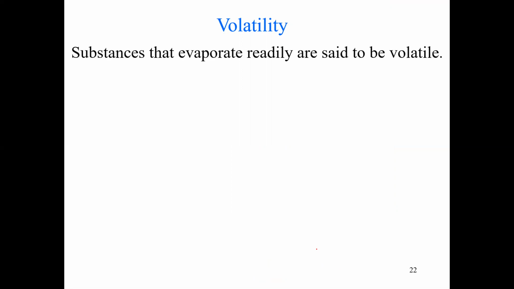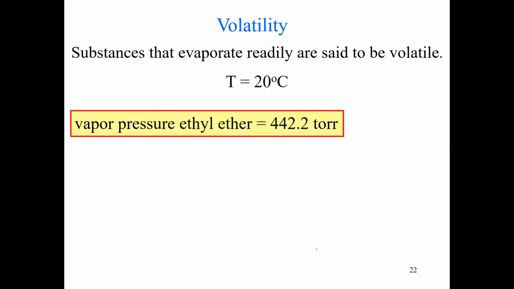Now, the next concept is what is called volatility. Substances that evaporate readily are said to be volatile. Okay. The temperature is, say, 20 degrees C. The vapor pressure of ethyl ether is 42.2 torr, which is less than atmospheric pressure.